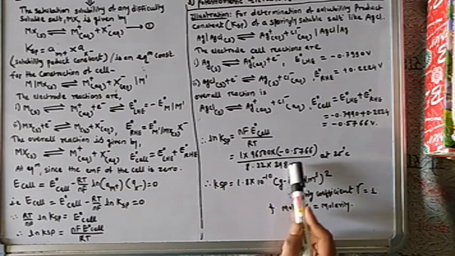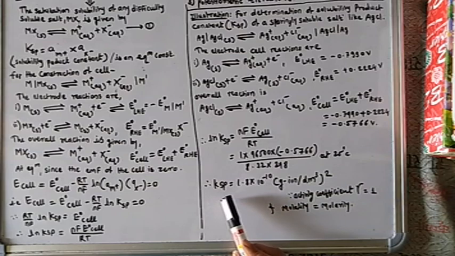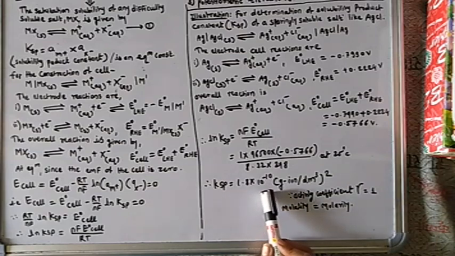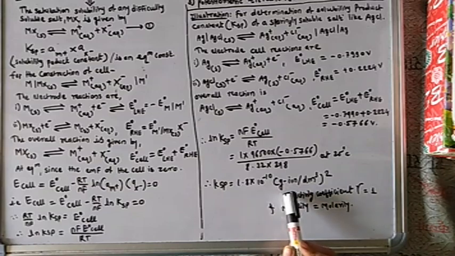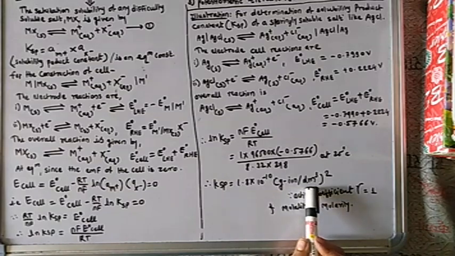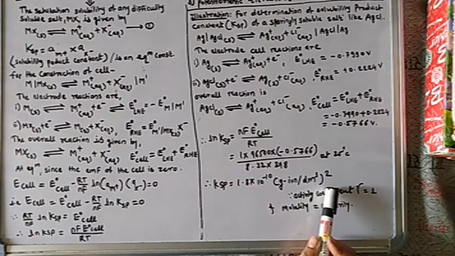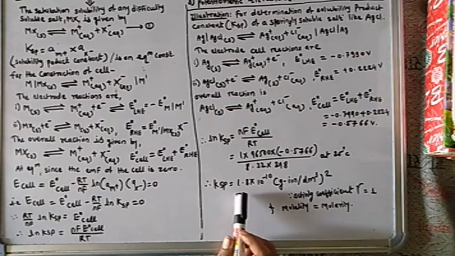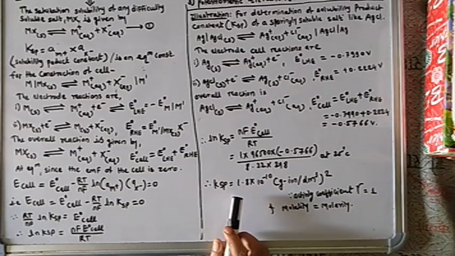Overall, if we calculate this, we get the solubility product as 1.8 into 10 raised to minus 10 mol squared per cubic decimeter squared. This is the solubility product for the sparingly soluble salt AgCl.